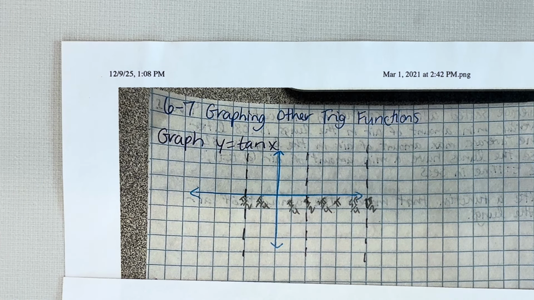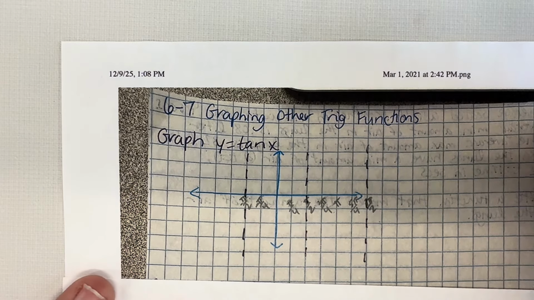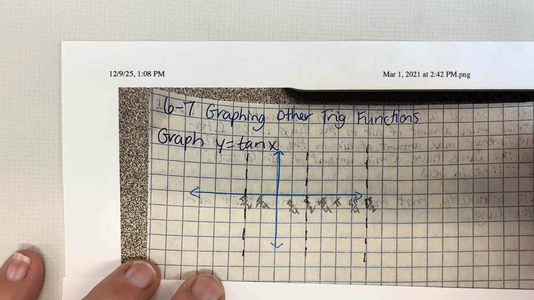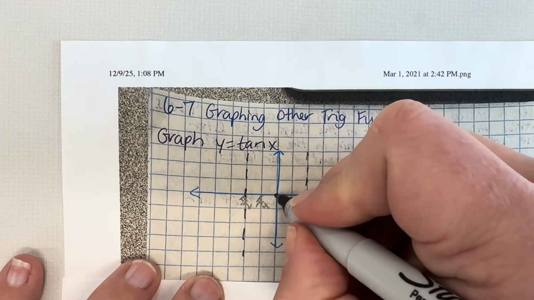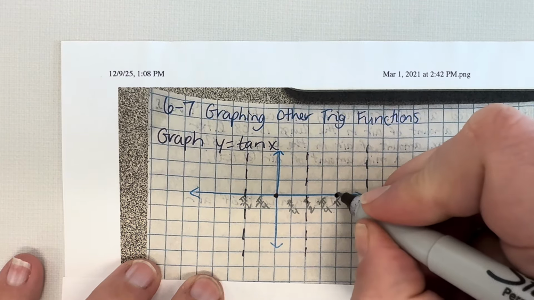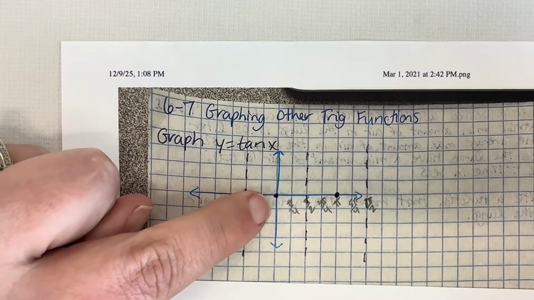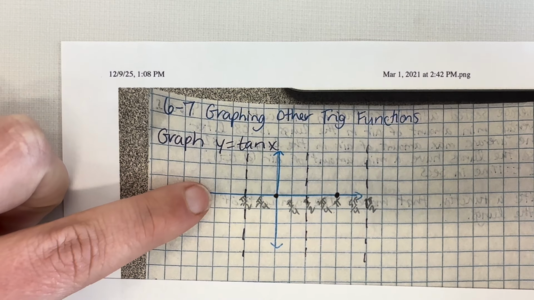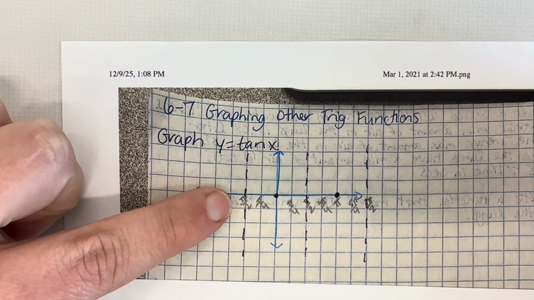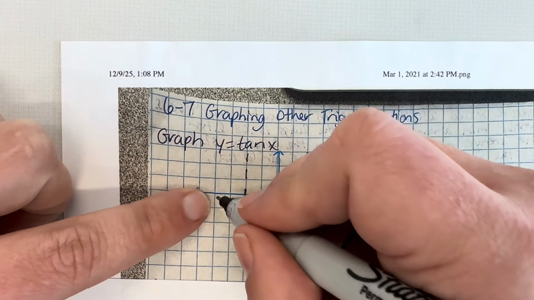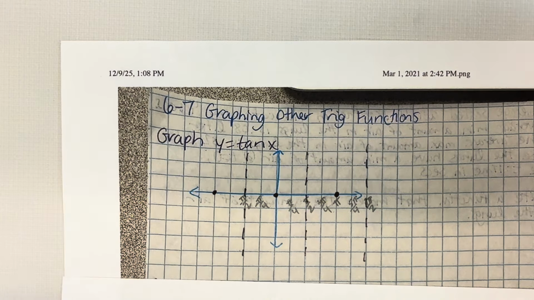If you look at this, at units of pi, we have a 0. It crosses through our 0, so that goes there. This one goes here, and then if I were to go over pi over 2, that one would technically be over here.